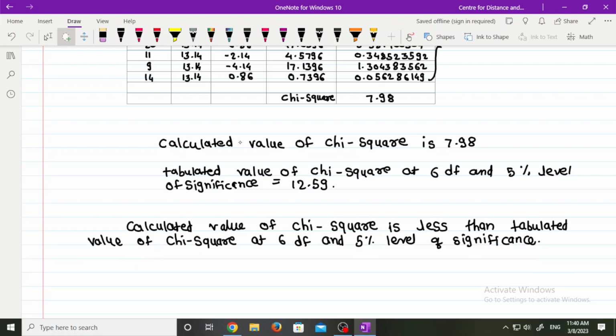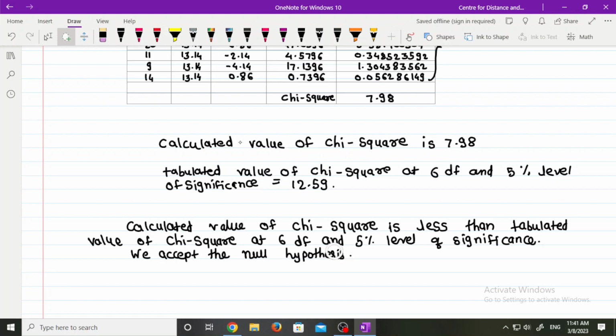So we accept the null hypothesis, that is H0.